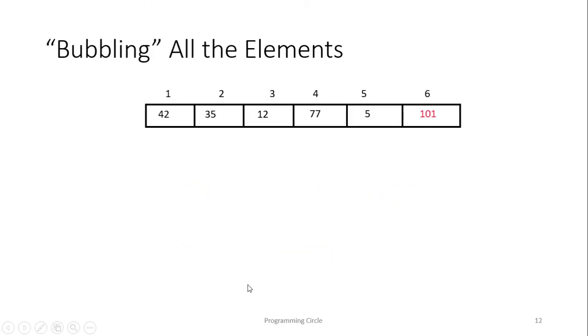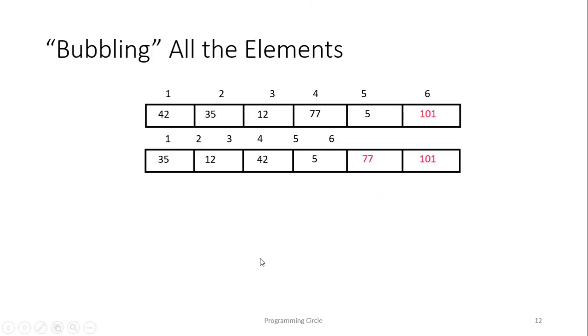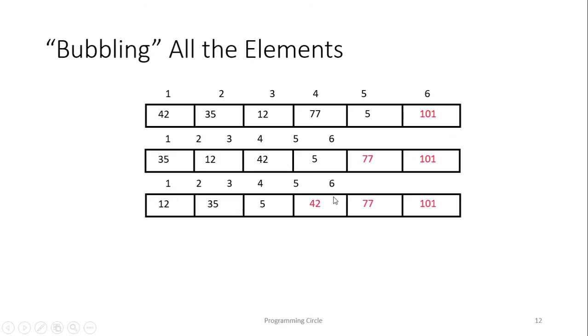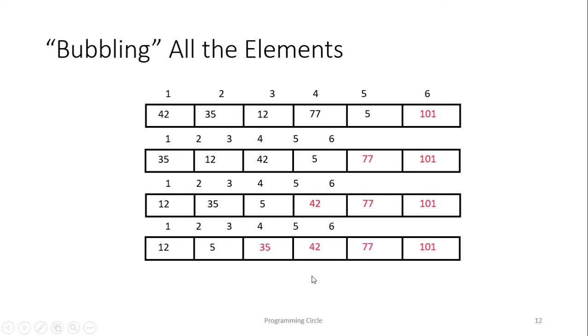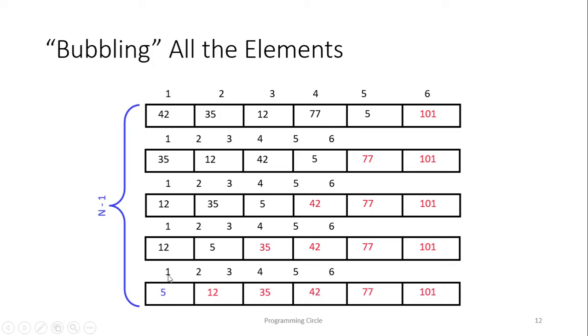First it is 101 which takes the last position. Second it is 77: among the remaining elements, 77 is the highest, so it will take the second last position. Thirdly we have 42, which will occupy the third last position, and similarly this process goes on, and finally we get the sorted output.